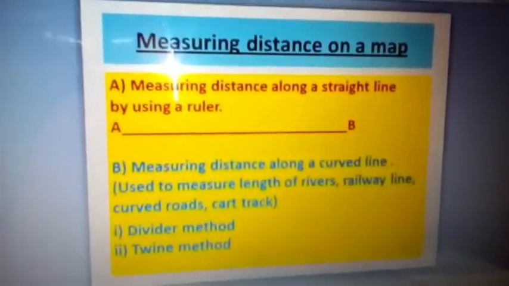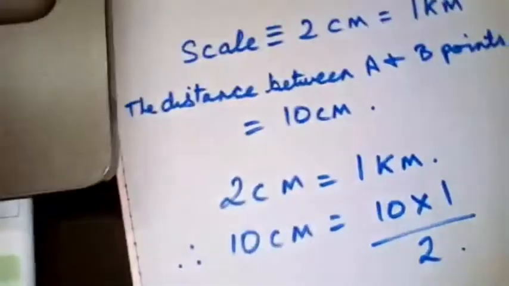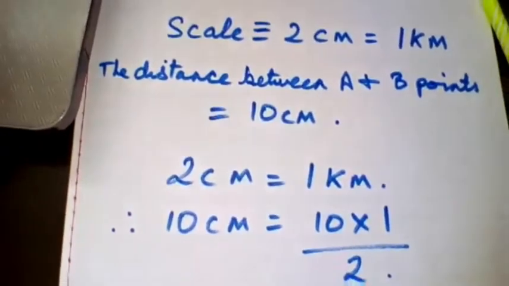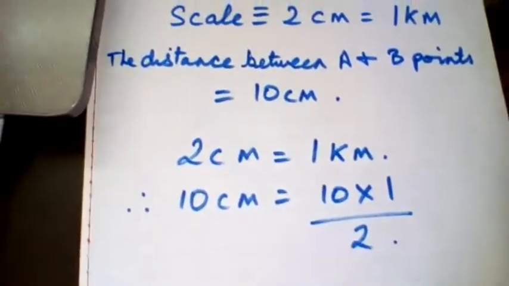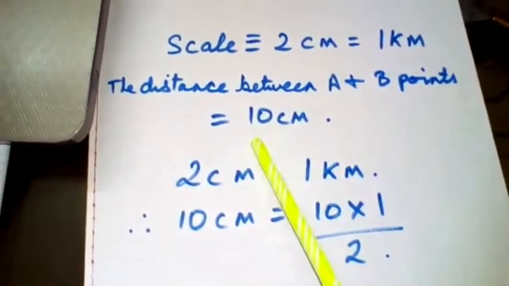We have the scale of the map, that is, if the scale of the map says 2 centimeter is equal to 1 kilometer, and the distance we just measured between A and B point is 10 centimeter.